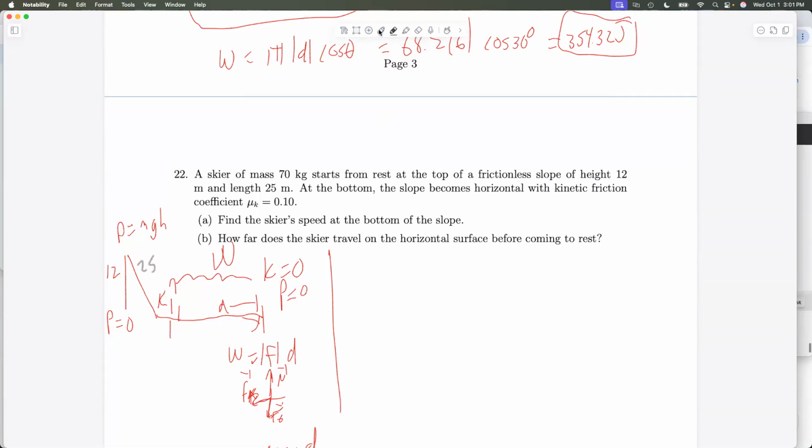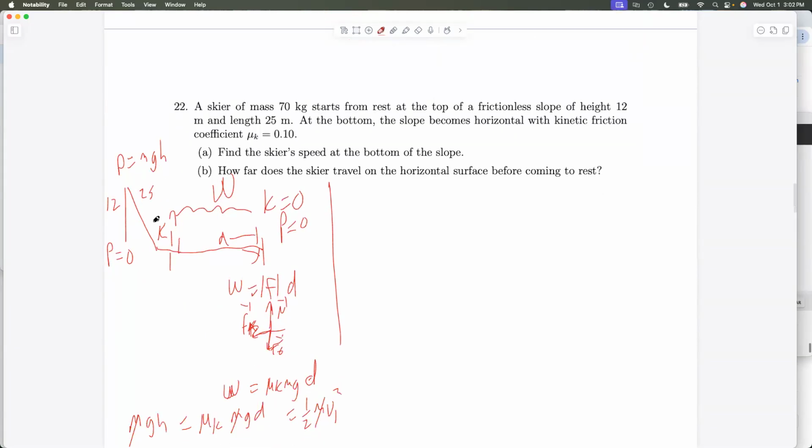Oh God, now I'm on the wrong one. 25. Yeah, who cares? We don't need that at all. I guess over here when I'm doing it the hard way, yeah, we would have to use that. I don't even think I want to do it the hard way.